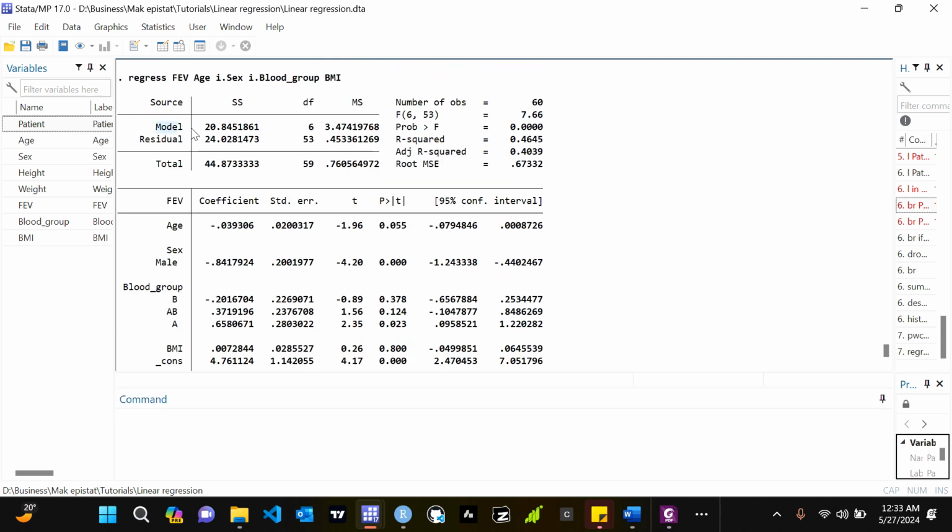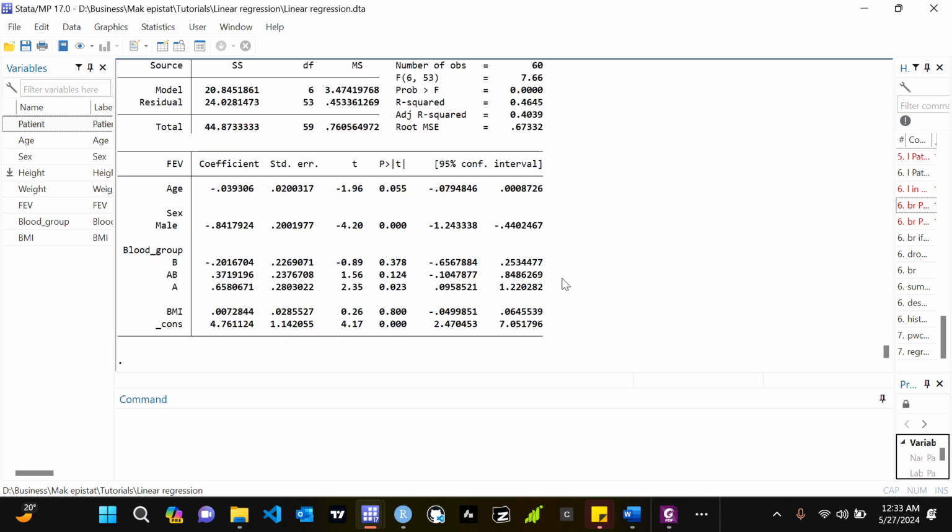So we get the residuals. We shall know how to explain this regression model, but today we are concentrating first on the assumptions. If the assumptions hold, then we go ahead and run a regression model and explain it. But let's first determine the assumptions.